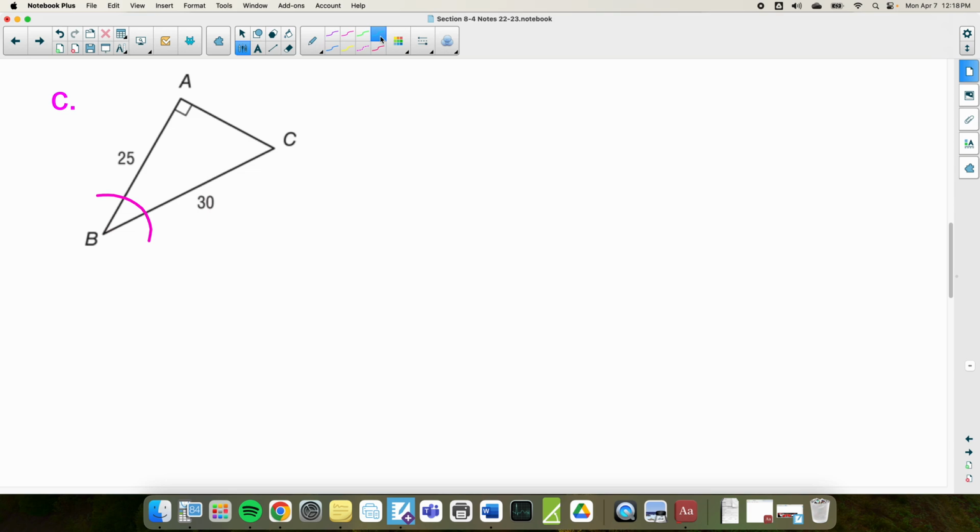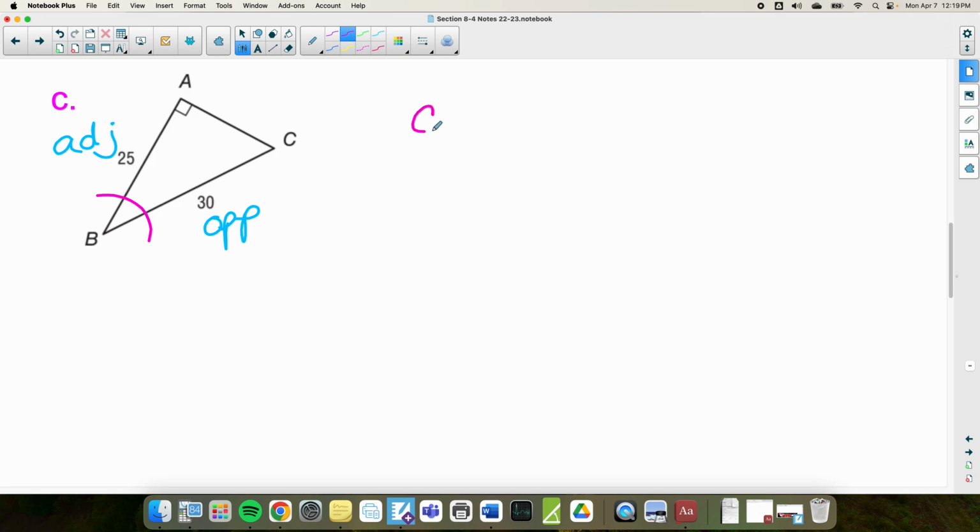All right, so we're looking for angle B, and we have this 25 and 30. What do you call the side across from your angle? Opposite. And what do you call the side in between your angle and a right angle? Adjacent. What trig function is that? That is cosine.